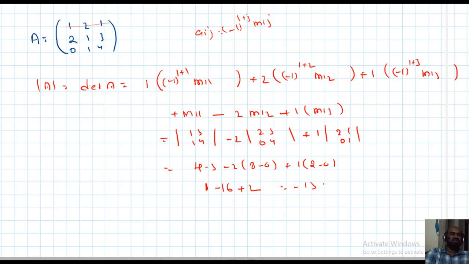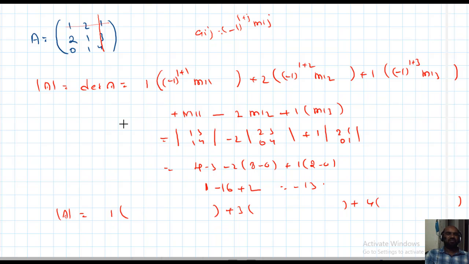Students, now I want to use another column or another row to find the determinant of this matrix. So now I want to use the third column. We will observe det A equals 1 into its cofactor plus 3 into its cofactor plus 4 into its cofactor.